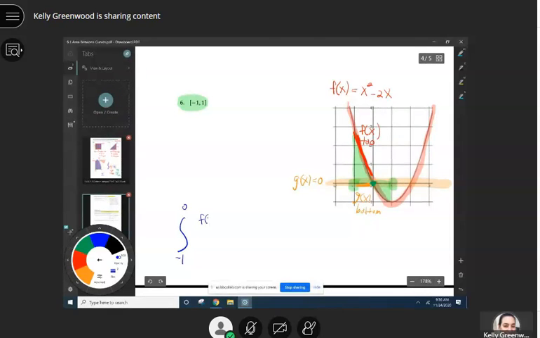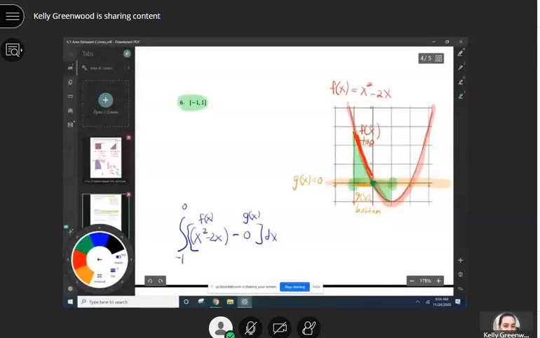So that's x squared minus 2x minus g of x on bottom. G of x is just 0. And that's going to come out to be positive anyway, because if you subtract 0 from something, does it really change? No, right? So this is what the calculus says to do.